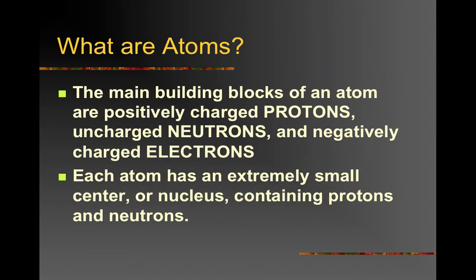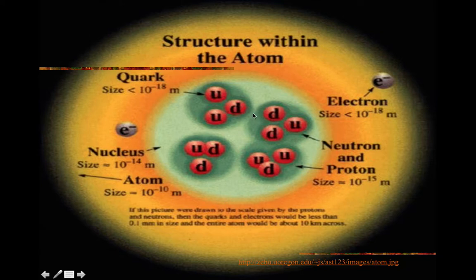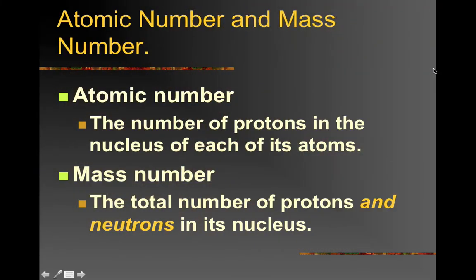When we look at our atoms itself, the protons and neutrons are found in the nucleus, and electrons are floating around. This is showing you the structure of an atom, where the protons and neutrons are located in the nucleus, and electrons are floating around in that cloud area. Your atomic number is the number on top, and it identifies how many protons are in an atom.